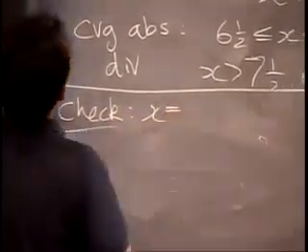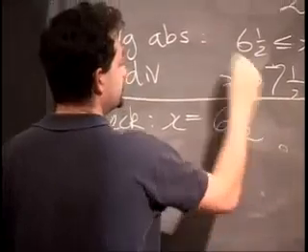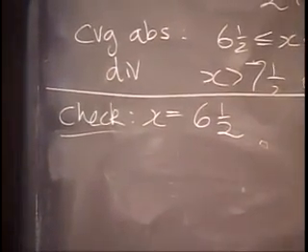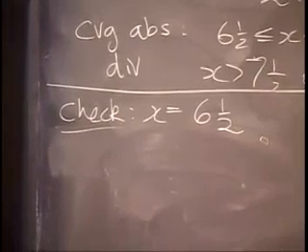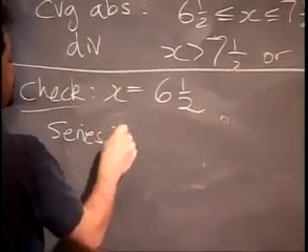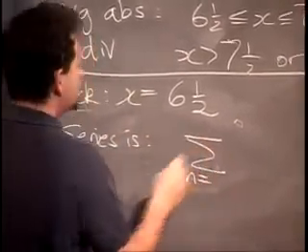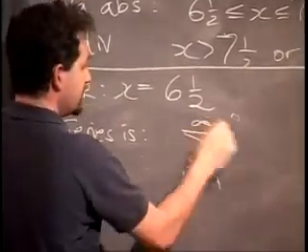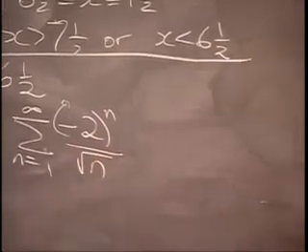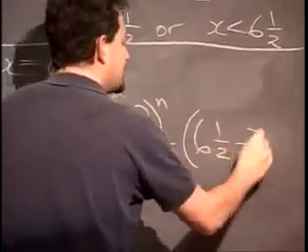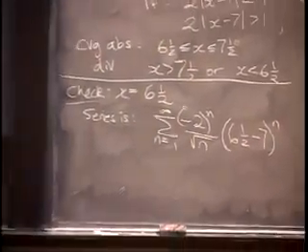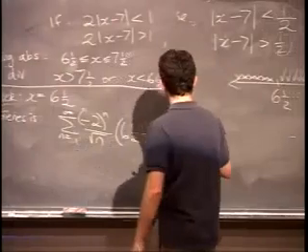So let's check x equals, say, 6.5. We've got to go back to our original series, which is sitting right at the top of the board there, and plug in x equals 6.5. The series is the sum from n equals 1 to infinity of minus 2 to the n over root n times 6.5 minus 7 to the n. What is 6.5 minus 7? Negative 1/2.